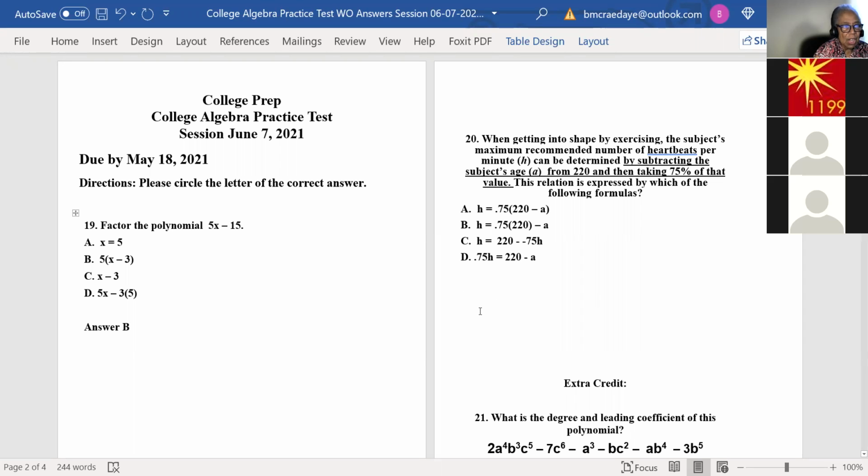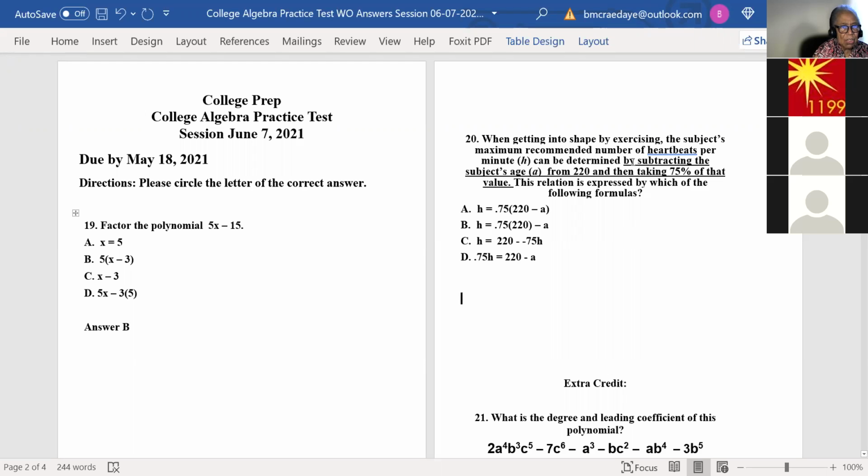We're finishing up the college algebra practice test. Then we'll go to the worksheet. Audrey, did you have number 20 correct on the practice test? I gotta check.